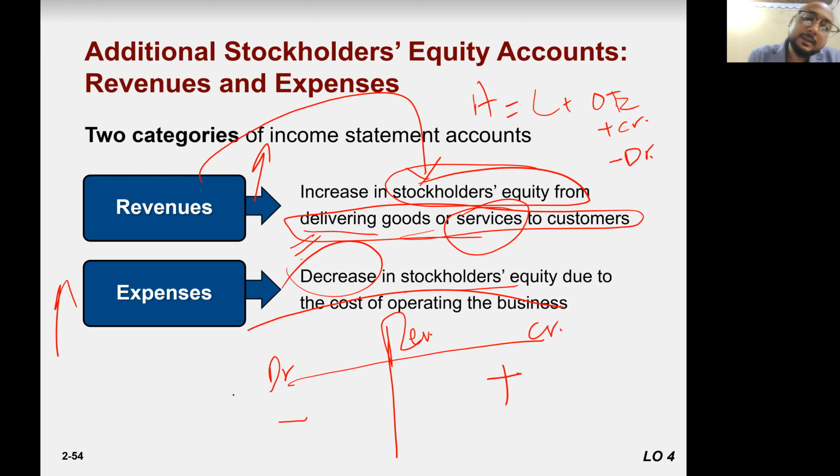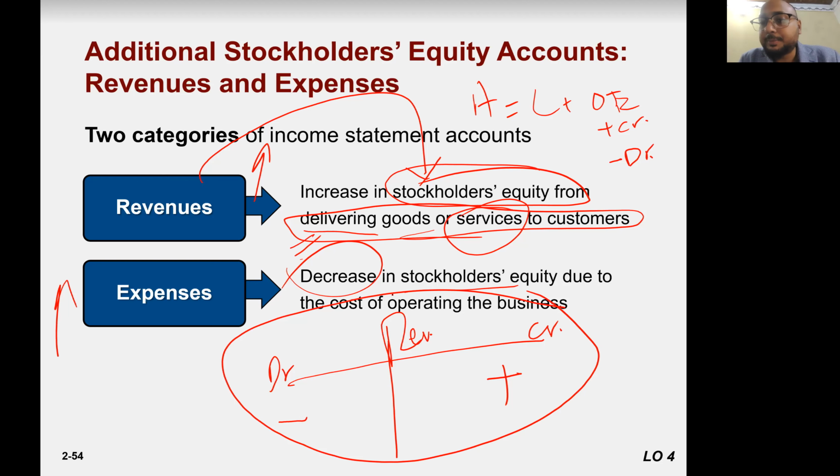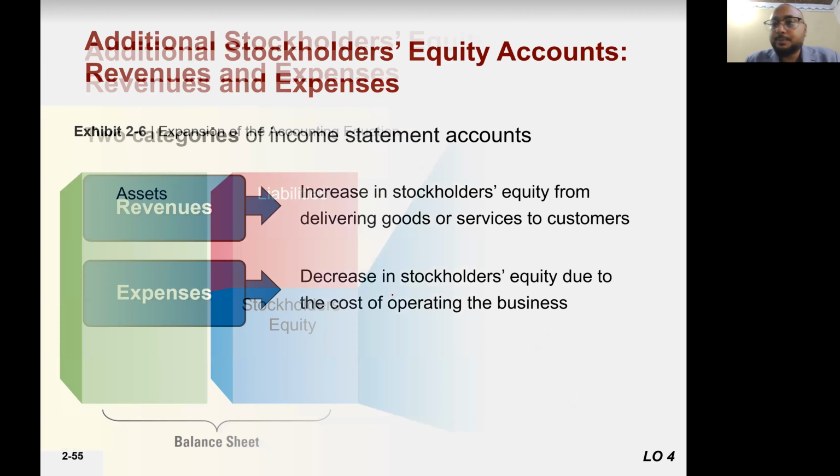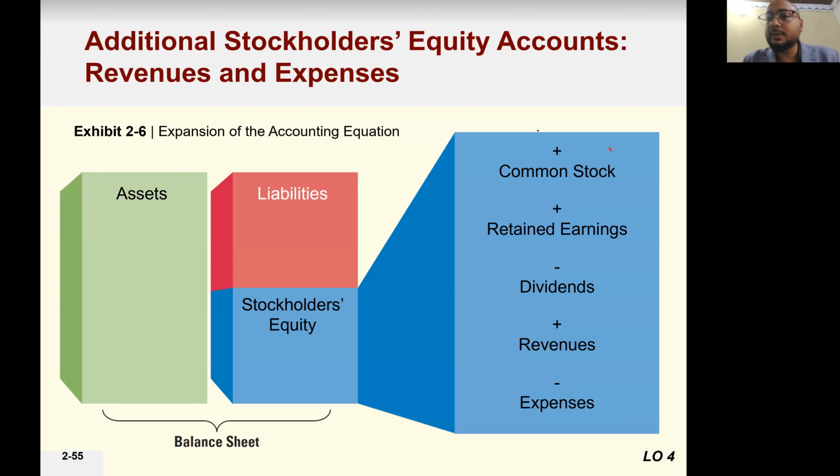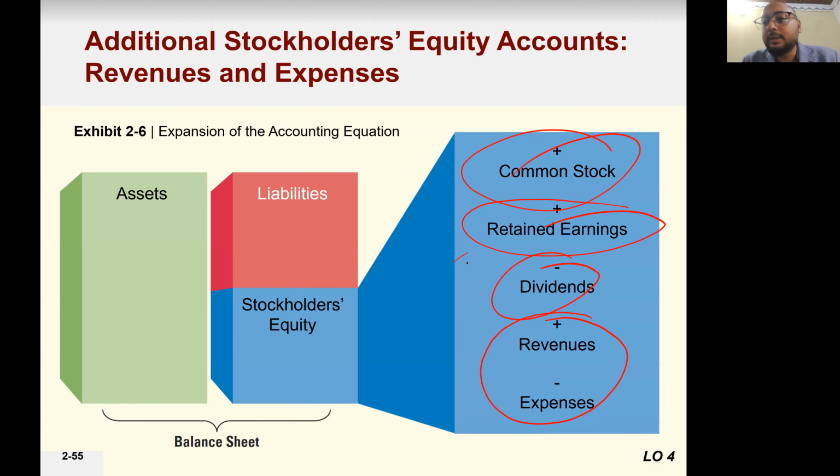So that's why the same logic applies here. We already know that stockholder equity consists of common stock and retained earnings, and the retained earnings formula is net income minus dividends. Net income is calculated from revenue minus expenses, and the retained earnings formula subtracts dividends. We call this the ending retained earnings balance. So revenue and expenses belong to retained earnings, and retained earnings belong to stockholder equity.